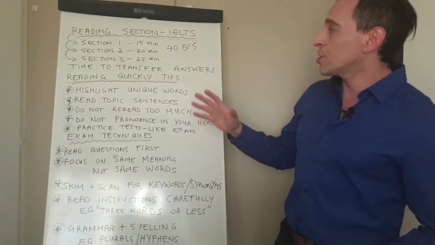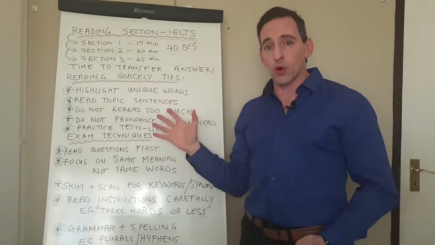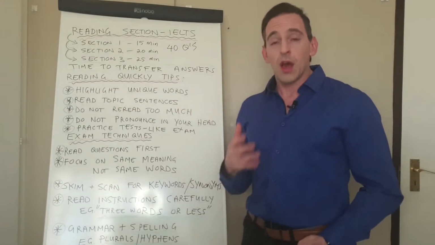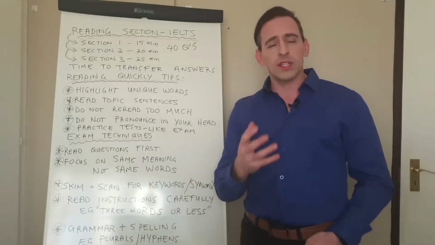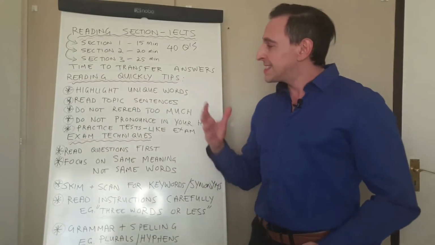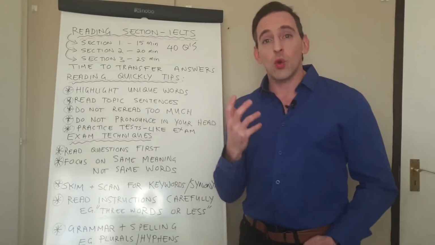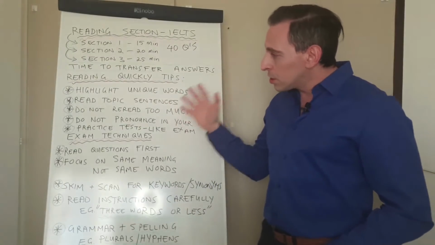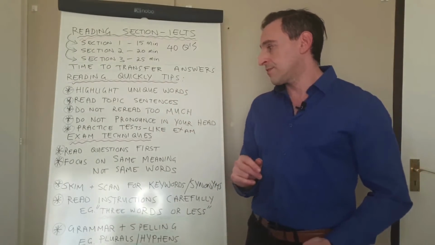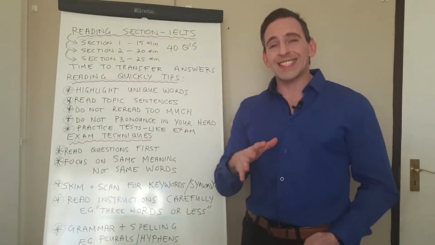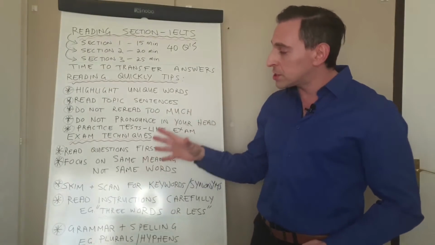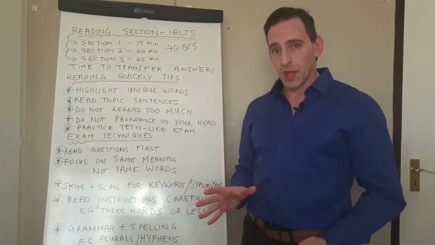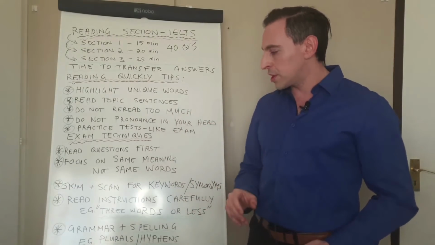Then we're going to go through some very important reading techniques. Obviously, one thing that causes a lot of concern is the ability to read quickly. So we're going to cover a lot of those techniques. And then we're going to look at some exam techniques just for the reading section. We're going to cover what to look for in questions.